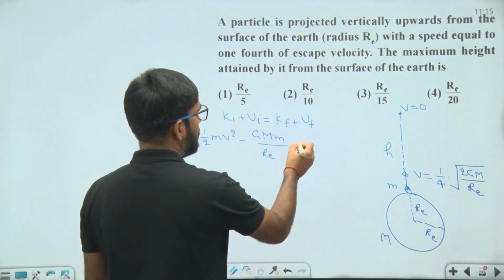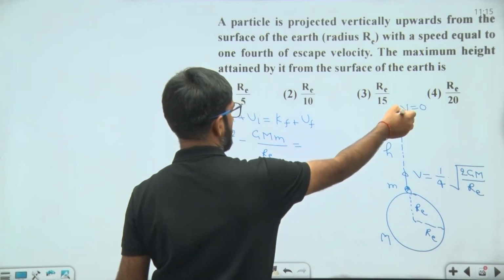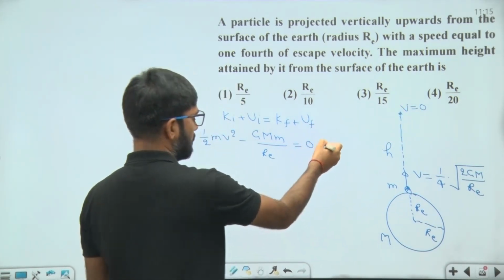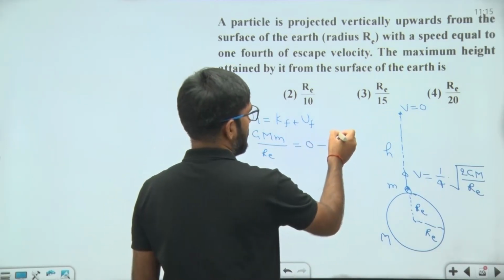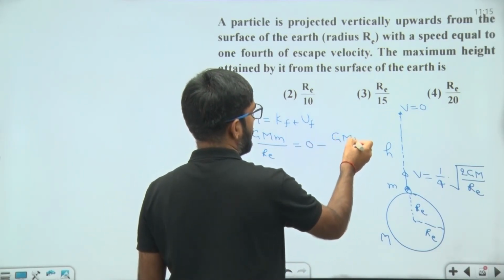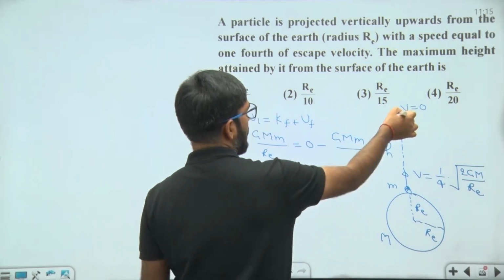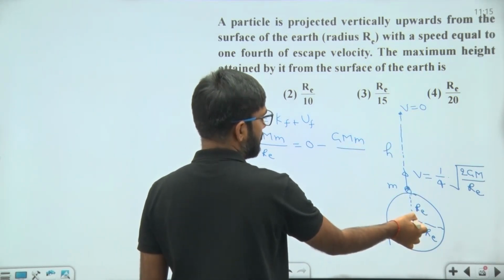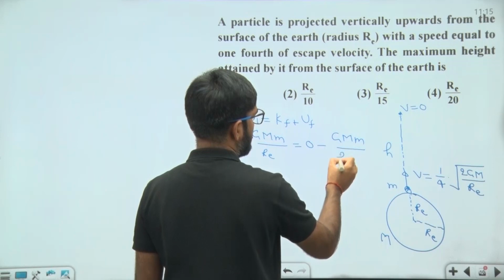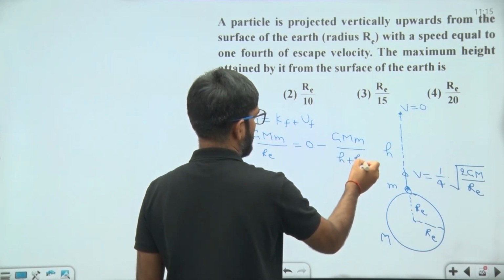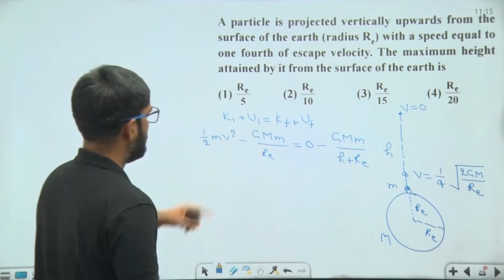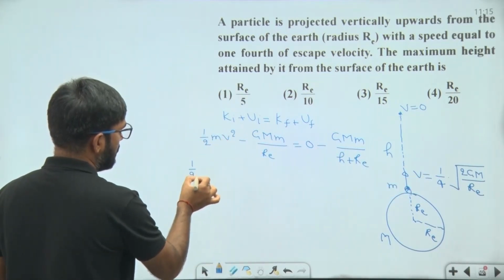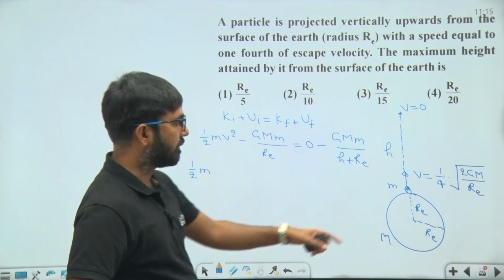This will be equal to, at the highest point final speed is 0, that means final kinetic energy is 0, and here potential energy will be minus G M m upon the distance of the particle from the surface of earth. So this will be h plus RE. Put the value of v here, we get half m into v square.